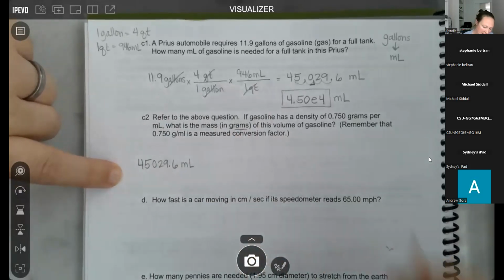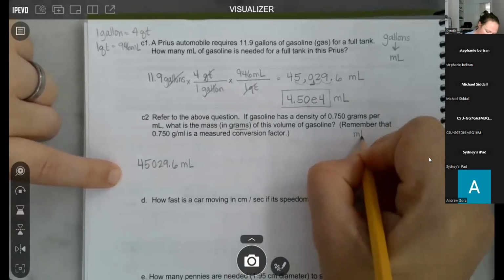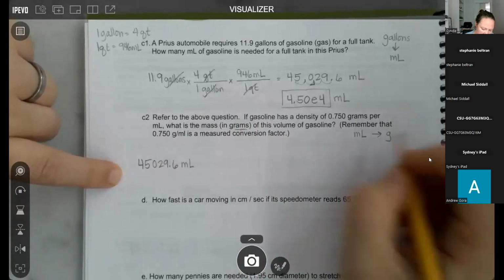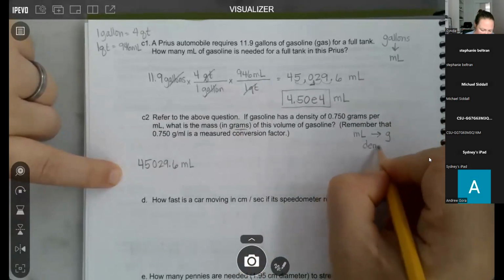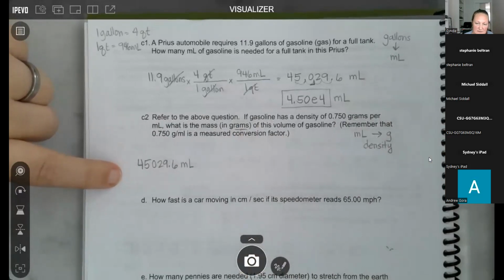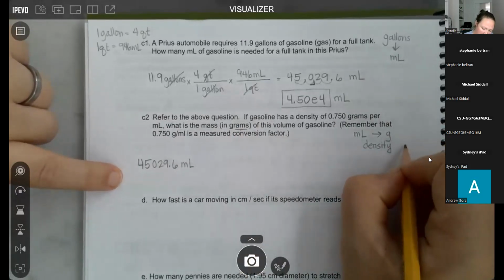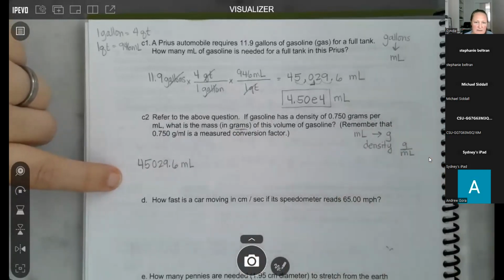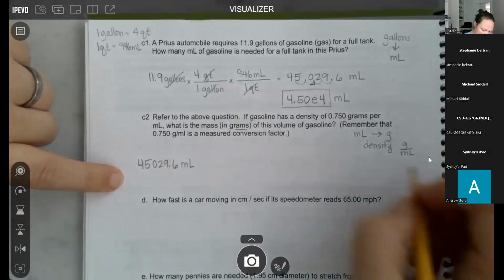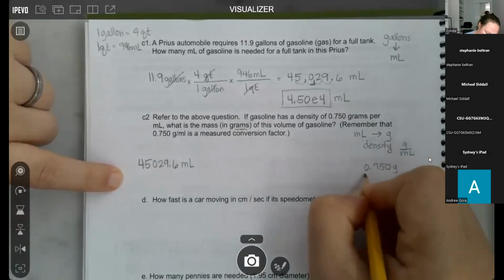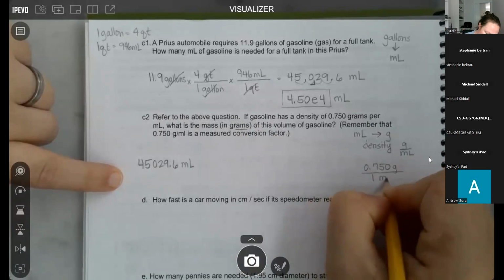So the nice thing is that to go from a volume, like milliliters, to grams, we can use density as the conversion factor, because density is defined as a value in mass over volume, right? So the density tells us it is 0.750 grams per 1 milliliter.